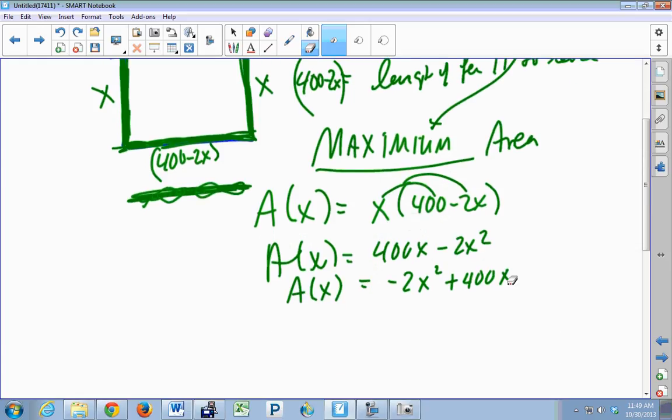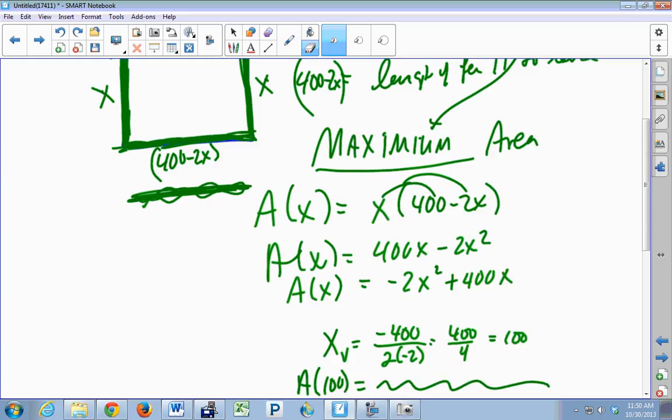And now to find your maximum area, you say, okay, what's the value of x at which the maximum area occurs? That's the x value of my vertex. That's negative b over 2a, which is 400 over 4, which is 100. You can either plug that back in, find A of 100, and do your math, or you can go back to your picture.